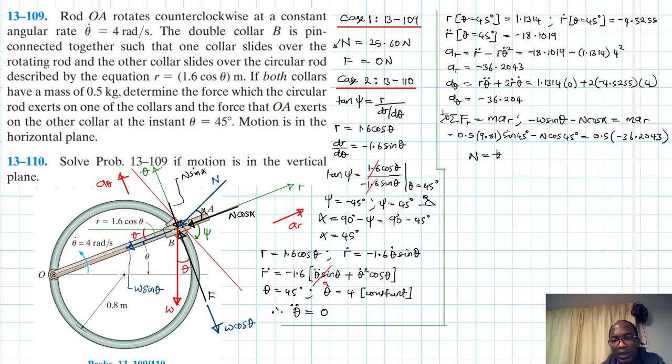So this gives us 20.6953, which I'll write in four decimal places.